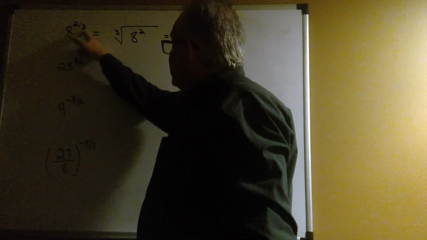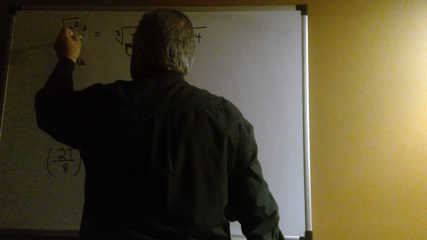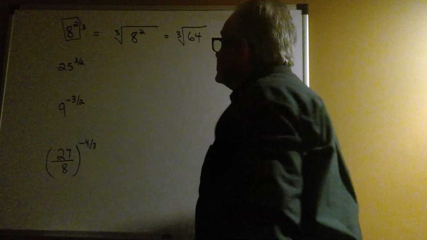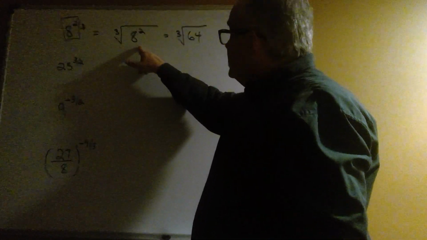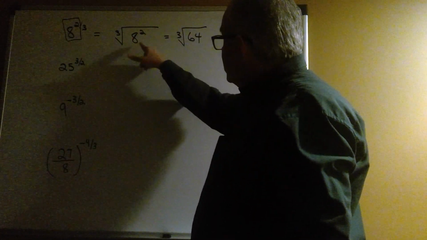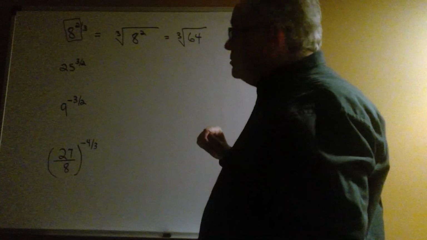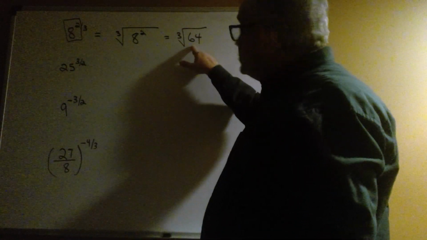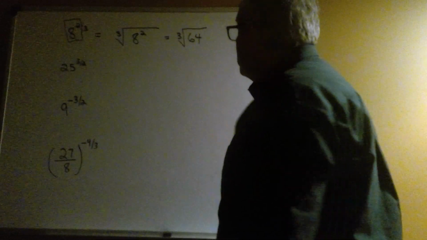My denominator is the radical, and this part here is what goes under the radical sign. Okay, so you don't get confused with that. This translates to the cube root of 64, and then I'm going to do the prime factorization of 64.